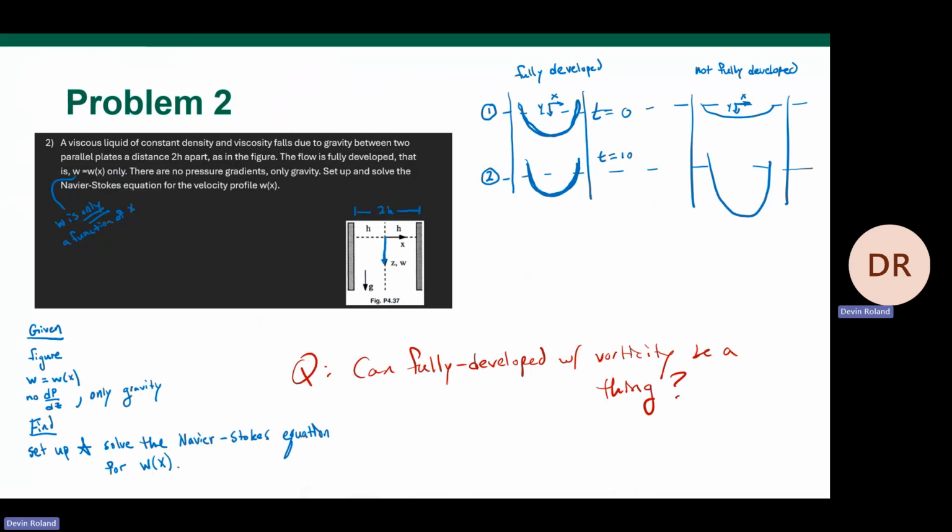So the first mistake is that we don't have a pressure gradient in the z direction. We have flow in the z direction. So when it says no pressure gradient, it's saying there's no pressure gradient in the z direction, since that's the way we have flow. Now, the second mistake was on my little diagrams over here. I put that as y, but I'm going to make it z to be consistent with the problem statement.